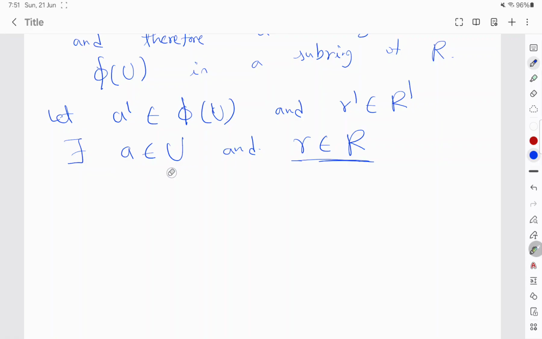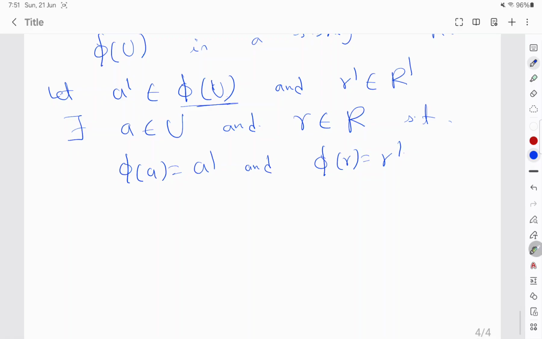You can always say this, because a' belongs to phi of U, so obviously there will be some a for which phi of a equals a', right? But this r exists only for the onto case.